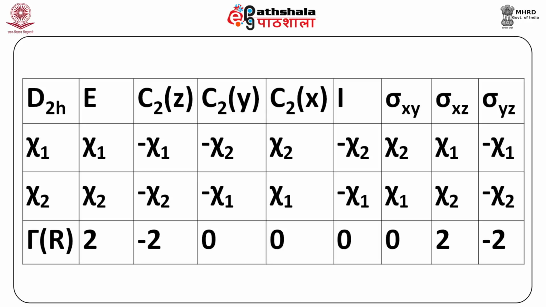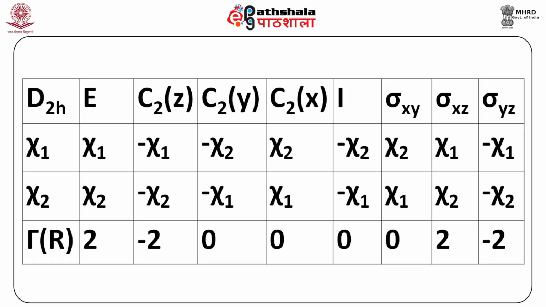So the total character is equal to minus 2. But in the C2y, C2x and I operations and sigma xy operation, what happens is that they exchange positions, so they do not contribute to the diagonal, so the character is equal to 0. Similarly for sigma xz you can see it is 2, and sigma yz it is minus 2.